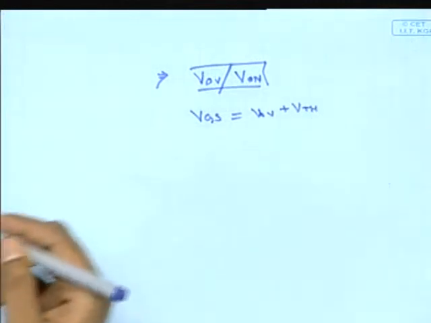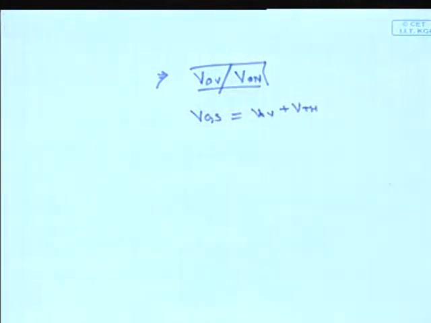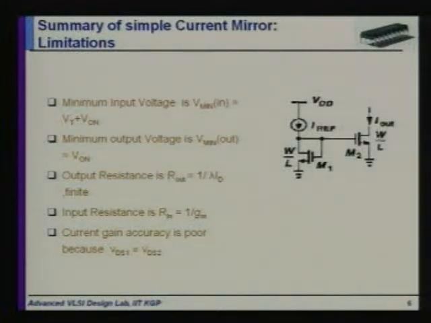Now the minimum input voltage is Vmin equal to VT plus Von, and the minimum output voltage is the Von or VOV of the M2 transistor. Output resistance: we know that Rout equals 1 by lambda ID, that is ro due to the channel length modulation of the second transistor.